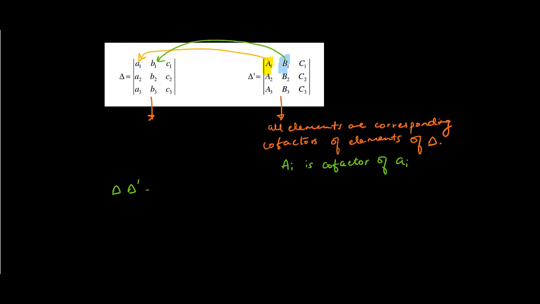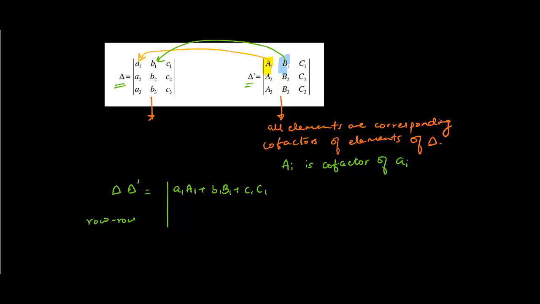Let's say we multiply these two, delta with delta dash. We are going for row wise multiplication, row into row multiplication. So what you find in the first element is a1 capital A1 plus small b1 into capital B1 plus c1 capital C1.